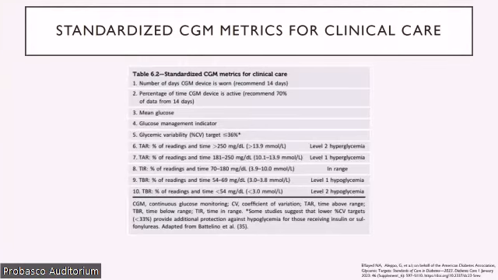Here are the CGM metrics I was talking about a little bit earlier, specifically wanting to talk about glucose management indicator and glycemic variability. The glucose management indicator is what's equivalent to the A1C of the time frame that data is for.